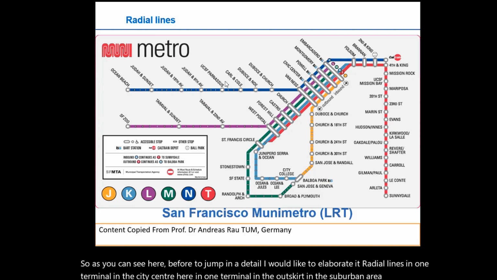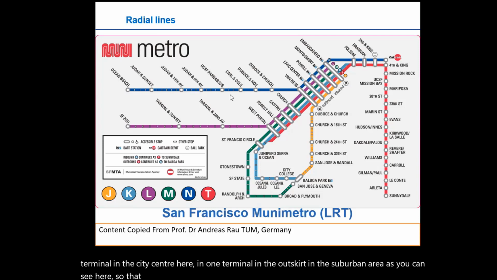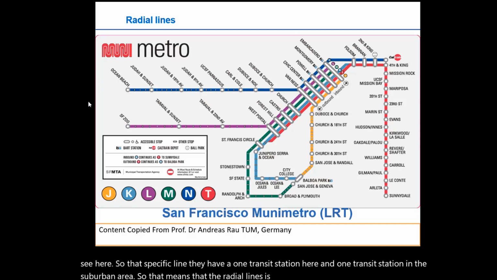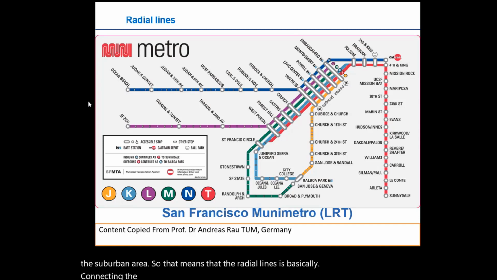That specific line has one transit station here and one transit station in the suburban area. So that means the radial line is basically connecting the suburbs with the city center.